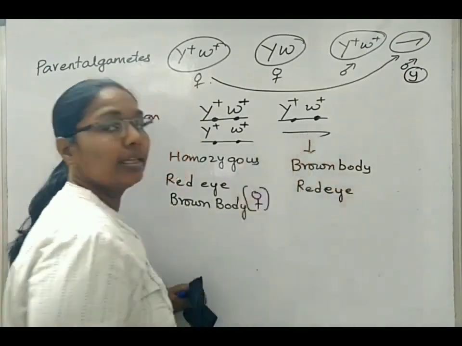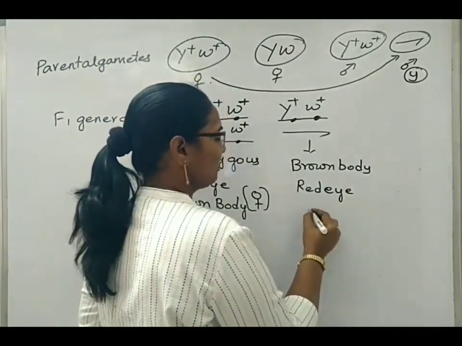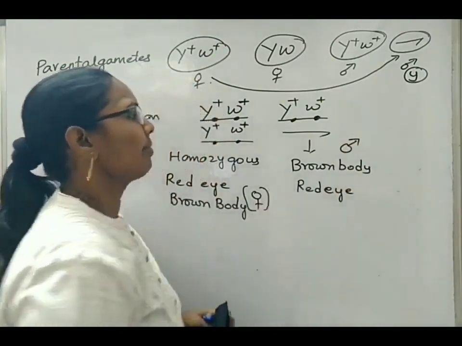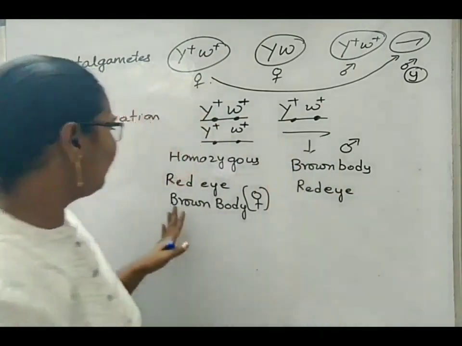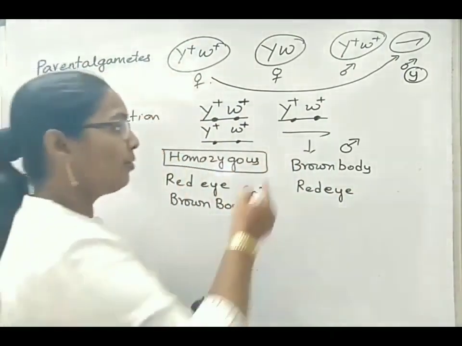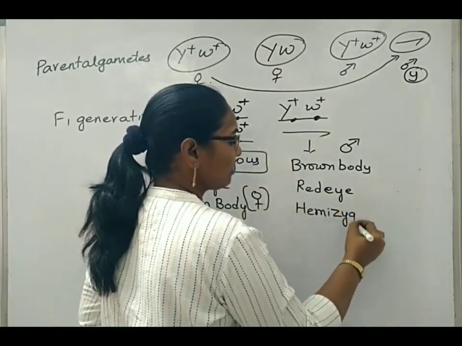But since there is a Y chromosome here, we can say this is a male offspring. Now, what term can we give here? Here I have included the homozygous type of allele arrangement. Then what term can we give here? We can give it as hemizygous.